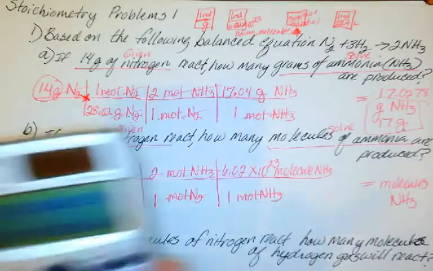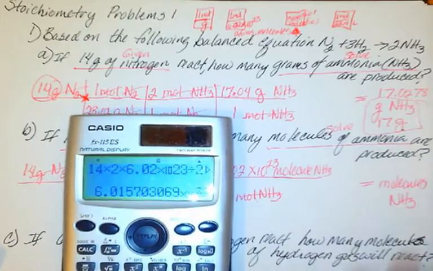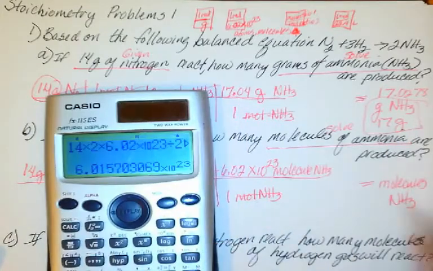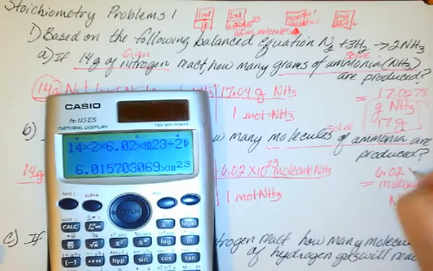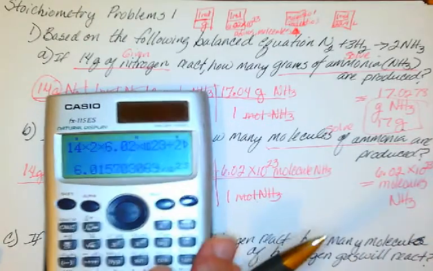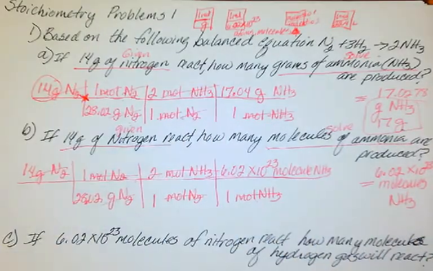And we get this answer. All right, so 6.015, so 6.02 times 10 to the 23rd. Hey, I got Avogadro's number back out. Okay, and that would be correct.